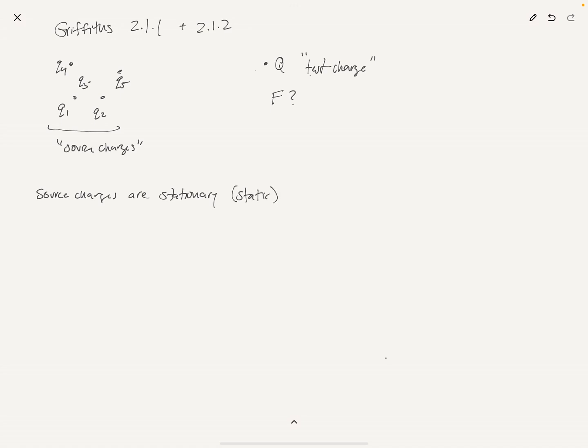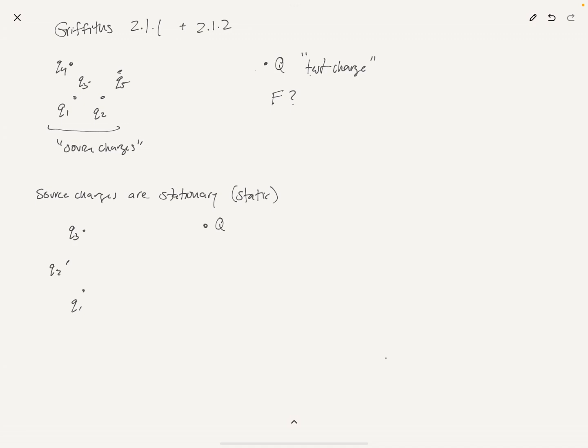You'll see words like electrodynamics and electrostatics. All right, we were talking about electrostatics. Okay, so with a static set of source charges, I want to know what's the force on my charge Q.